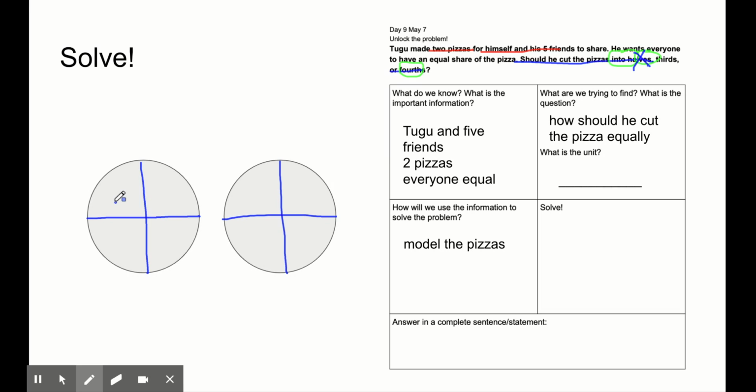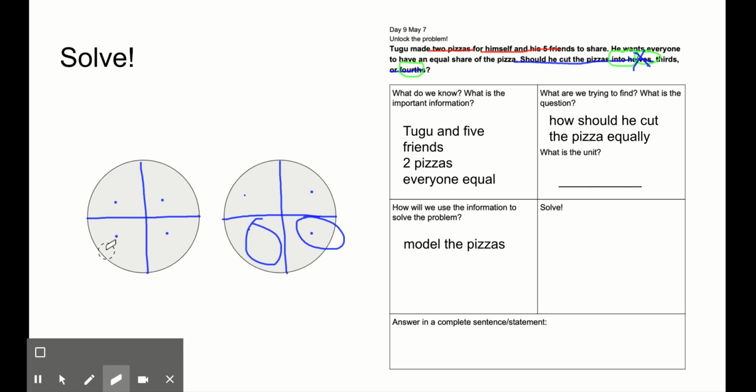All right. 1, 2, 3, 4, 5, 6, 7, 8. Everybody gets the same amount, but then there are 2 amounts left over, right? And since 2 is less than 6, everyone wouldn't get the same amount. So our best answer is going to be thirds.